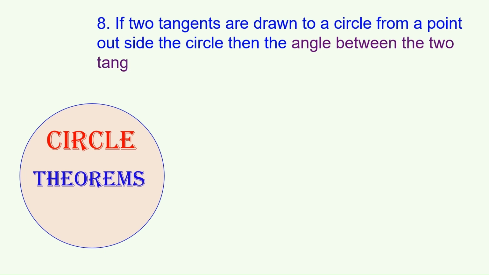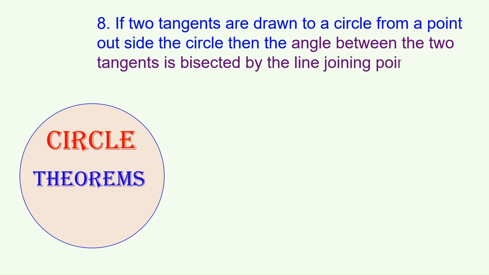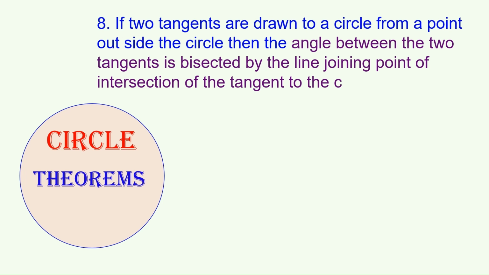Number 8. If two tangents are drawn to a circle from a point outside the circle, then the angle between the two tangents is bisected by the line joining point of intersection of the tangent to the center of the circle.